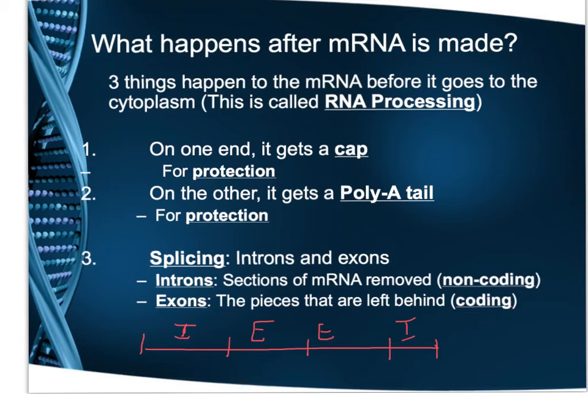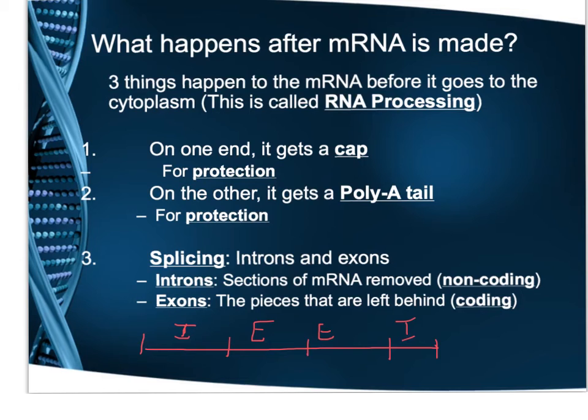Well, this whole thing is not needed. All that we need in order to make proteins are the sections that we call exons. And I know that sounds a little bit weird, but exons stay in and introns stay out. In other words, introns are sections of mRNA that are removed, and exons are the pieces that are left behind.